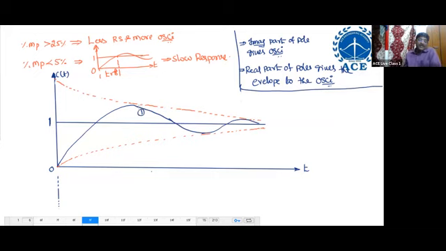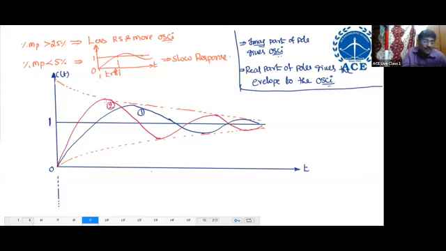Next, 2 and 2 dash. Slightly oscillations are more. This is for 2 and 2 dash. Next, 3 and 3 dash.